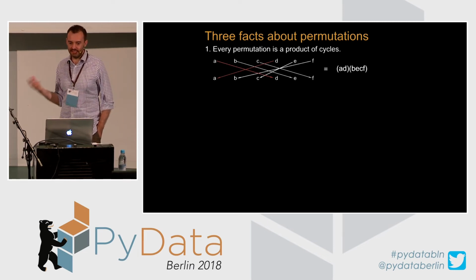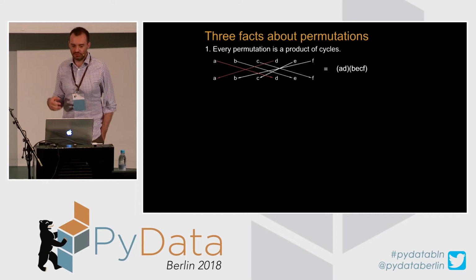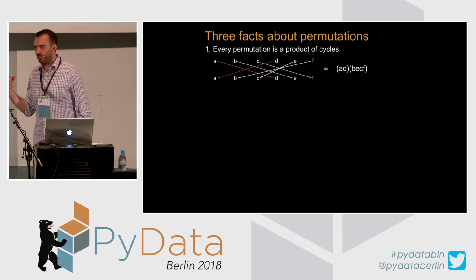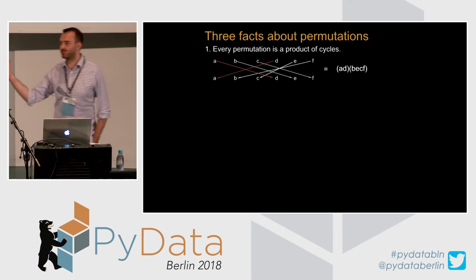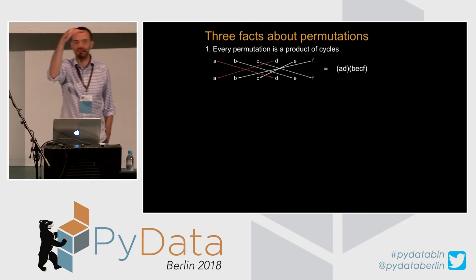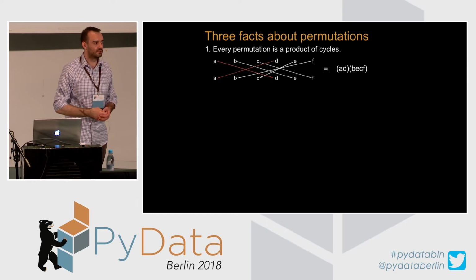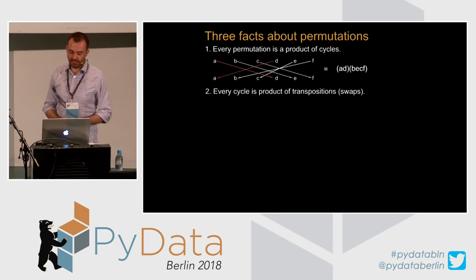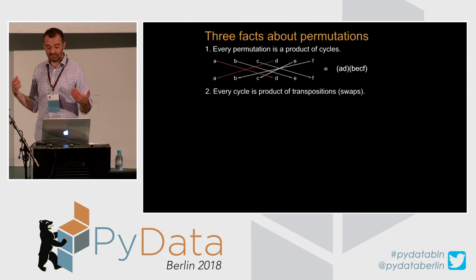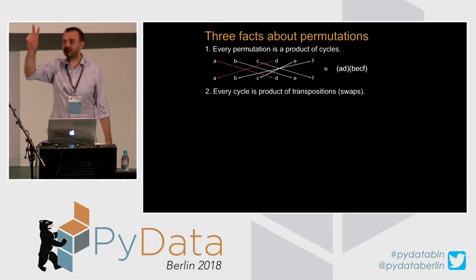Let me suggest an analogy that will help you grip onto that. If permutations are like the world of all matter in physics, then cycles are kind of like molecules. And we're really saying that matter can always be broken down into molecules. The second thing that I'd like to point out is that every cycle is a product of transpositions, or swaps. A transposition just means swapping 2 letters.